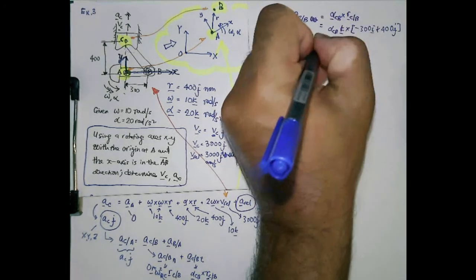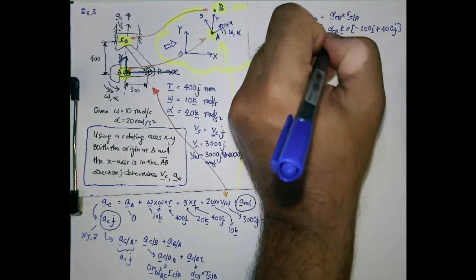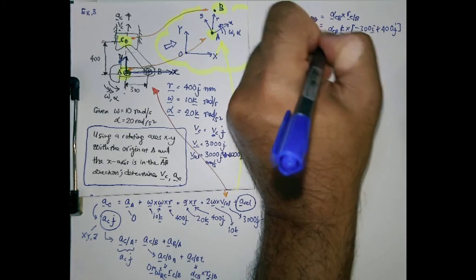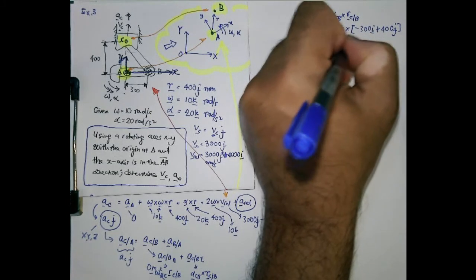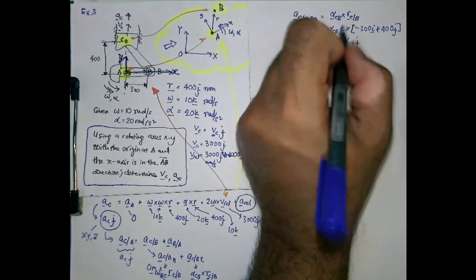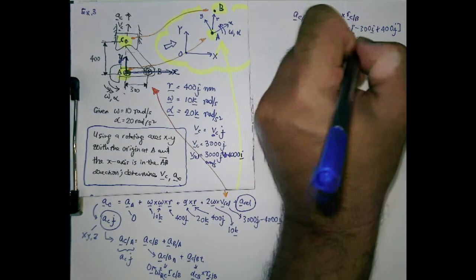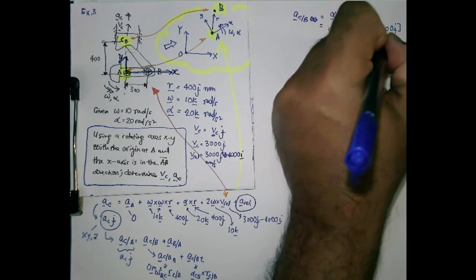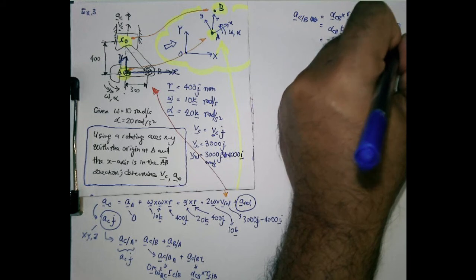That gives us k cross i minus j, so minus 300 alpha CB j, since k cross i is j, and k cross j is minus i, so minus 400 alpha CB i.